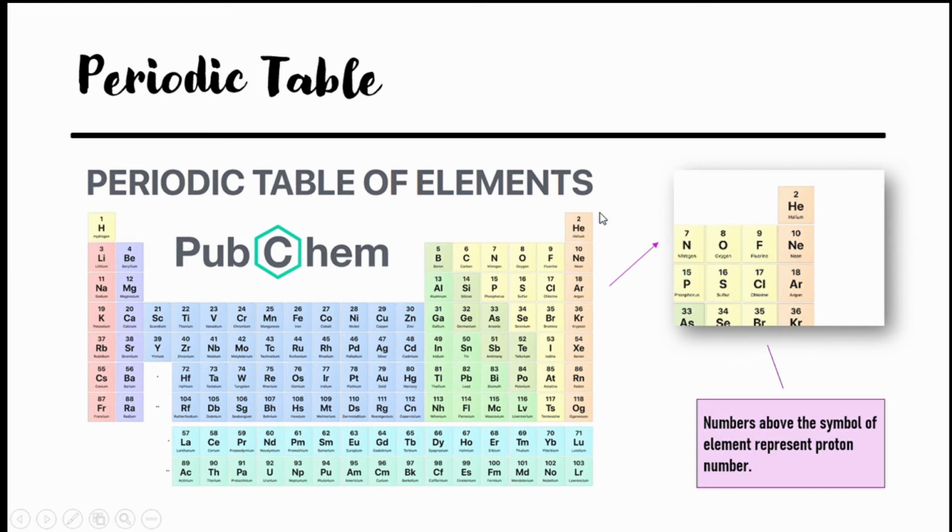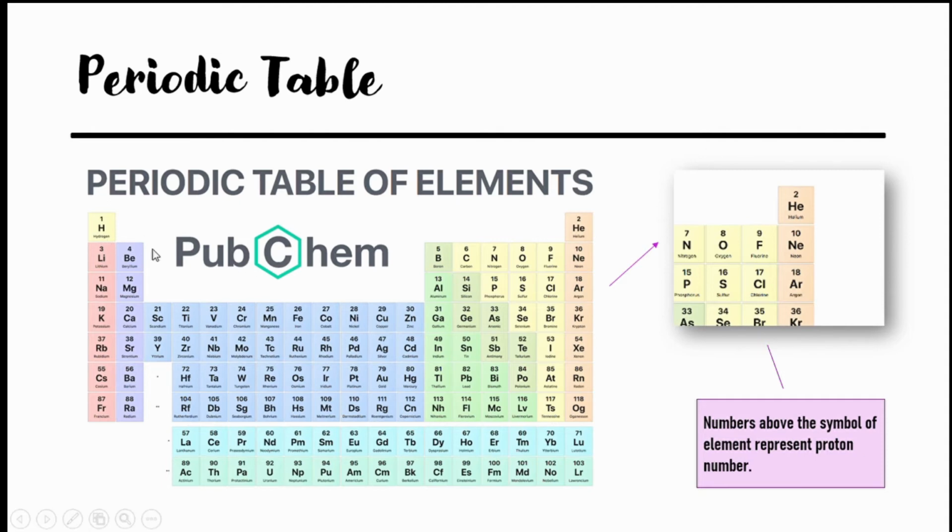And then helium here, it has the number of protons 2. Lithium has a number of protons 3. Beryllium has the number of protons 4. Boron has the number of protons 5, etc. Can you see that?